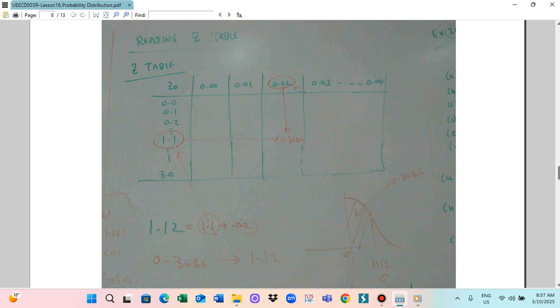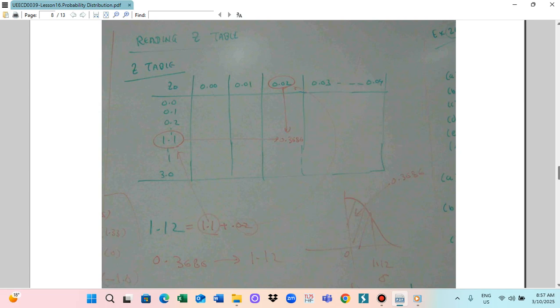So this represents the interpretation. This 0.3686 is the area under the probability curve. For this probability curve, the mean mu is 0 and the standard deviation delta is 1.12.